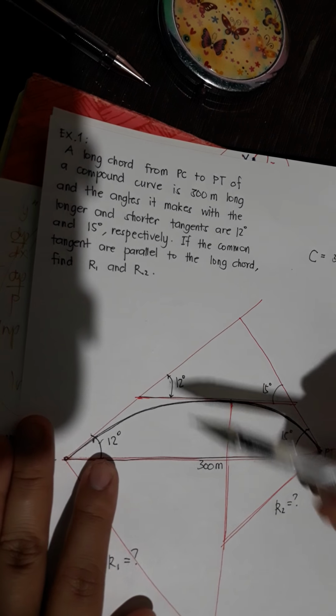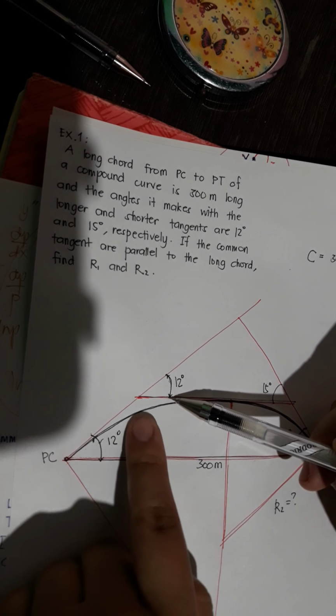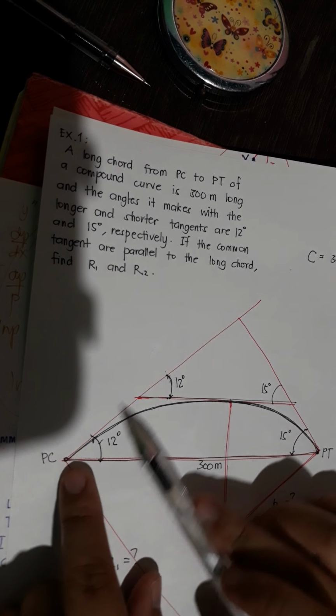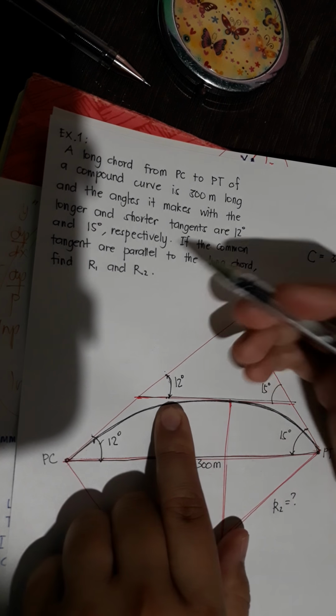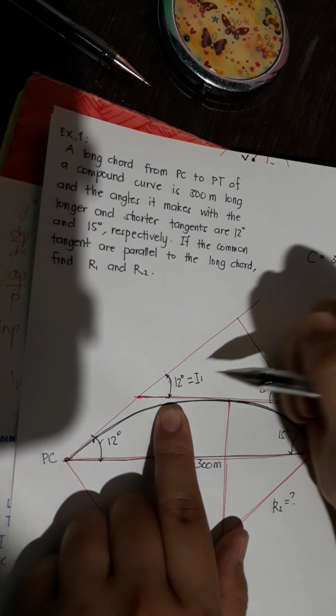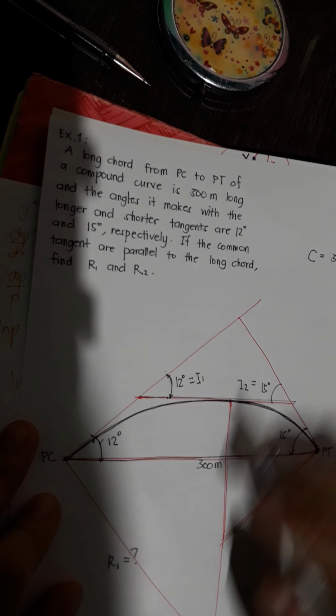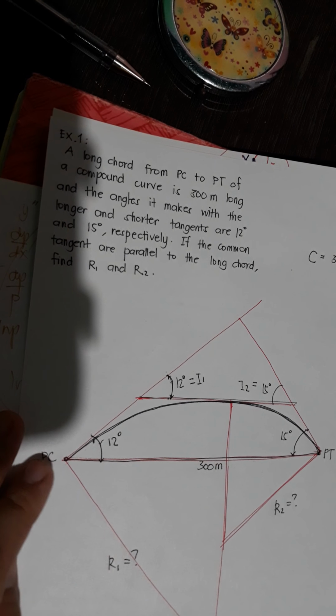So, we know that this angle here is the first deflection angle of the first simple curve, and therefore this is I1. And this is also I2. Therefore, we already have the values of I1 and I2.